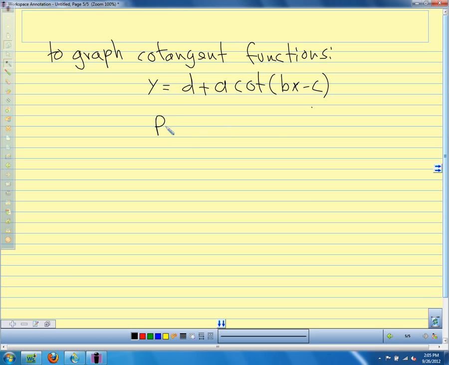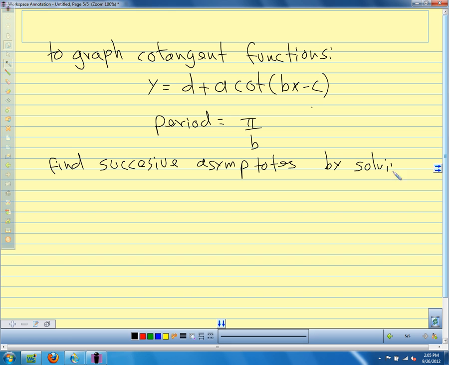So our period is pi over b. We still want to find our successive asymptotes. And we still use this quantity that's in the parentheses here.